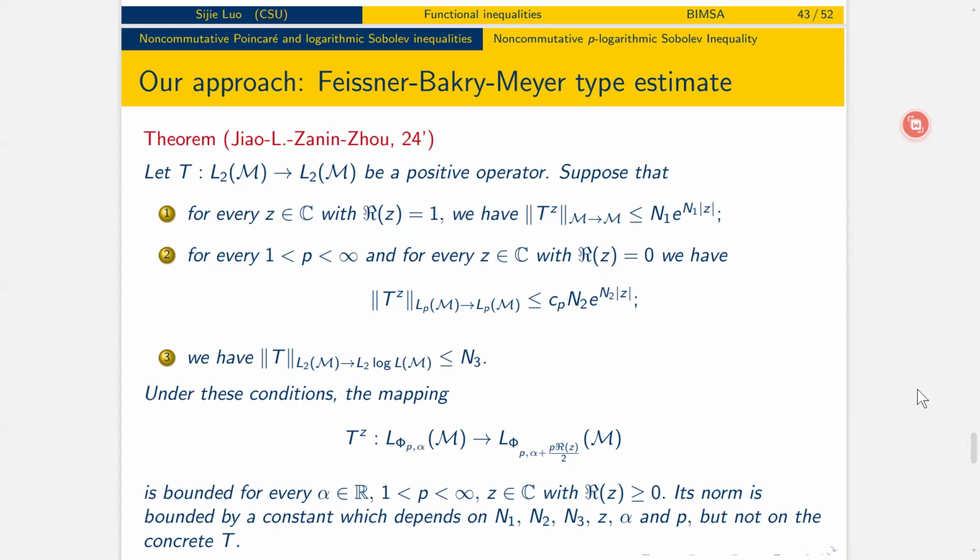If T_z is bounded from this Lorentz space to this Lorentz space, where Re z is the real part of z, and p over 2 is important here. We prove this result.